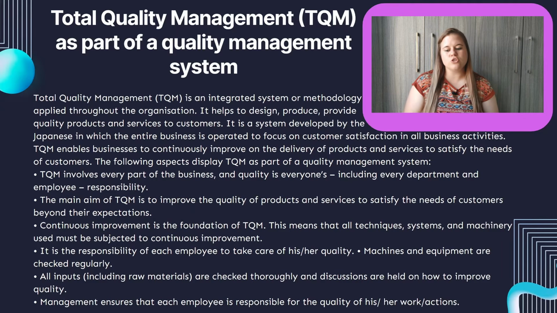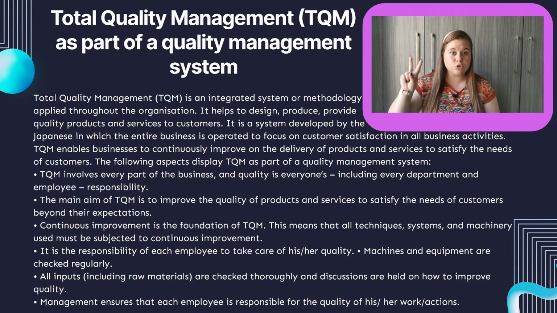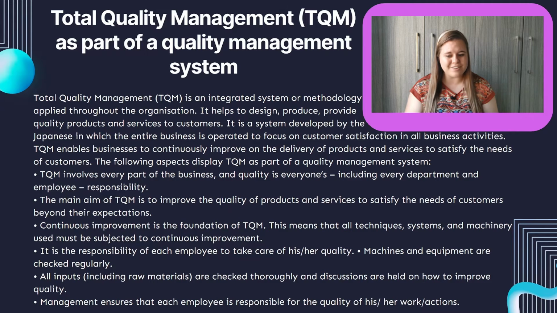Now we're looking at total quality management system as part of a quality management system. Again, grade 11s, this is done in quality of performance in term 2 for grade 12. So again, if you study it hard and you know it in grade 11, it just makes it a bit easier for grade 12. Total quality management is an integrated system or methodology applied throughout the organization.